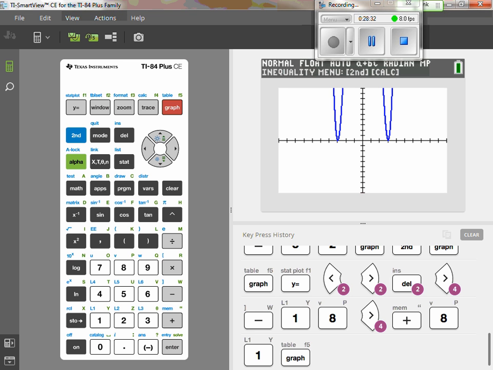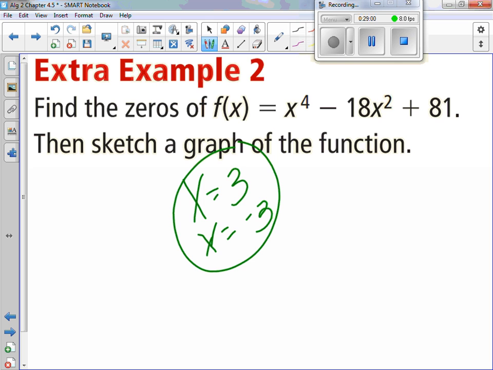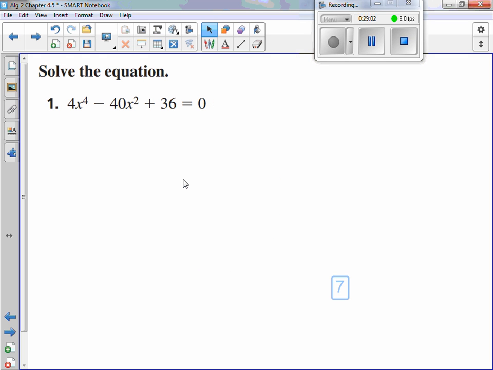And now there's an even number of zeros at these points because it actually works out that there are 2 at -3 and 2 at 3. There's 2 values at each. Any questions on these here? Has this made these a lot easier to solve? So here x is equal to 3 and x is equal to -3. And then we match up the correct graph.